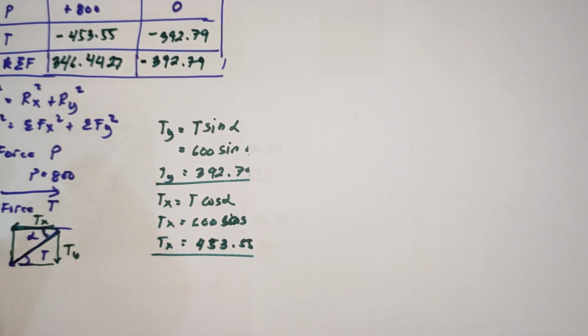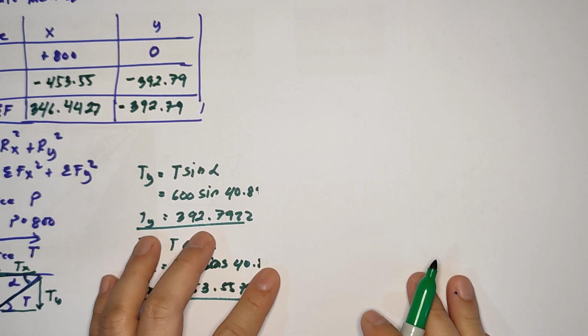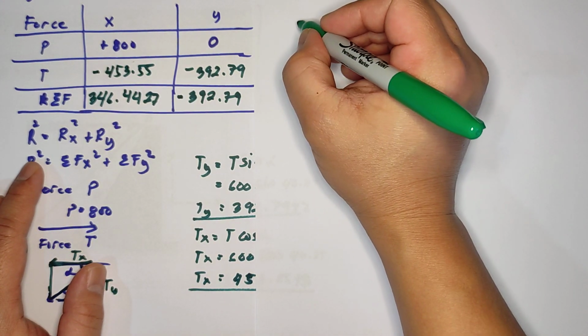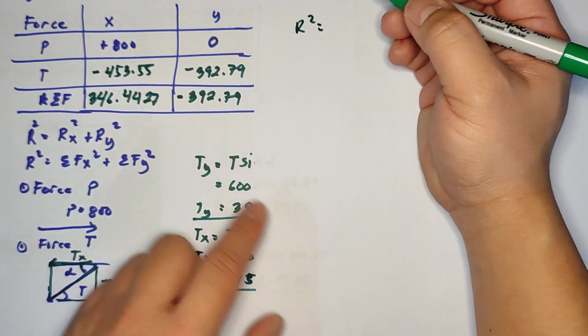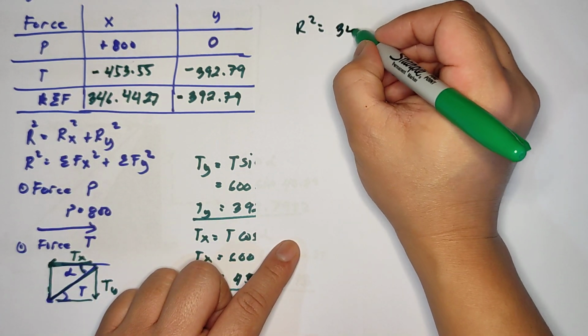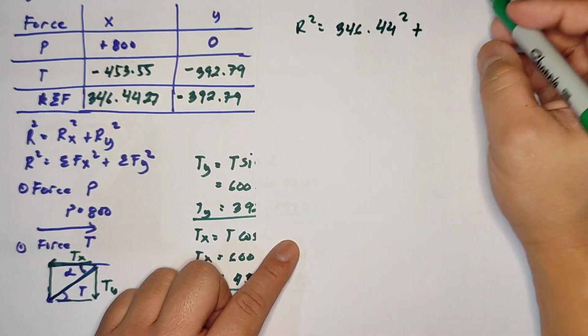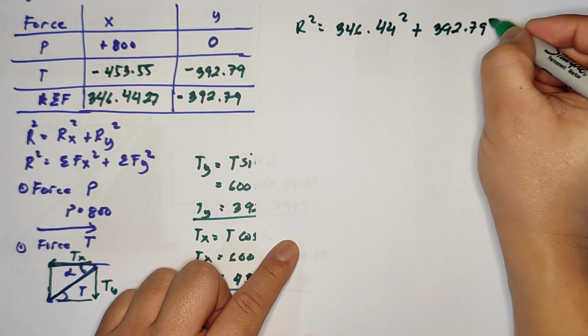So actually you can compute now for the resultant. The resultant should be the same as we have computed using the geometric method. So again, you now have R squared, Rx is this one, 346.44 squared plus 392.79 squared.